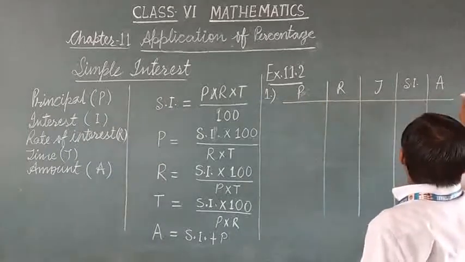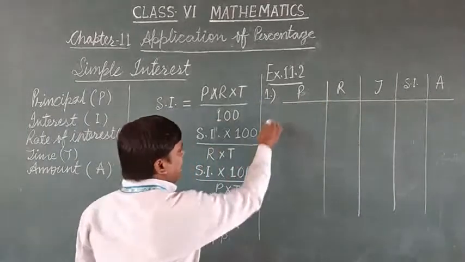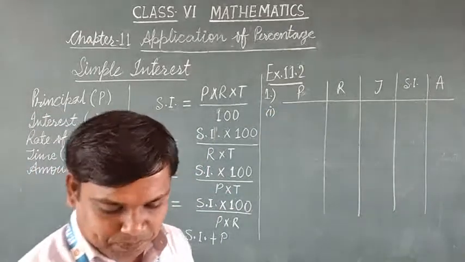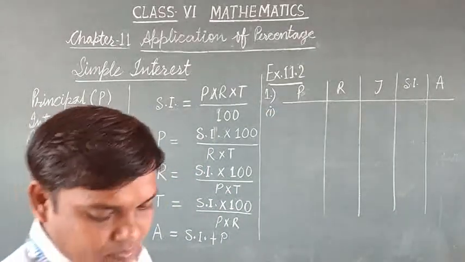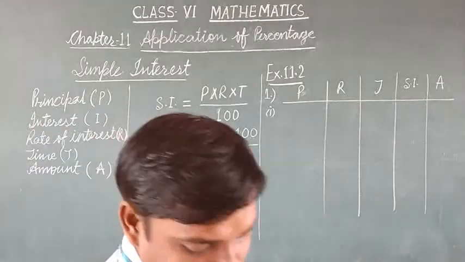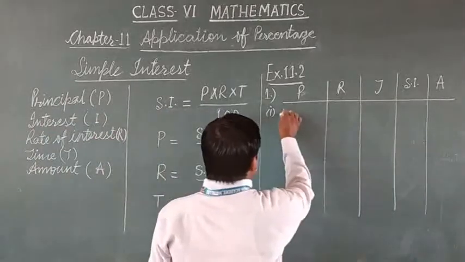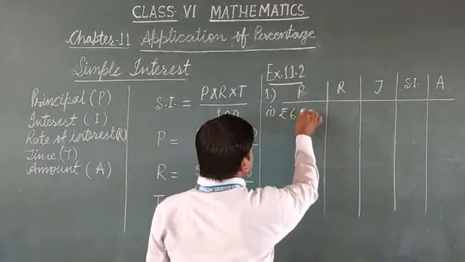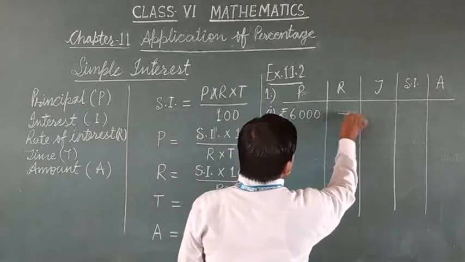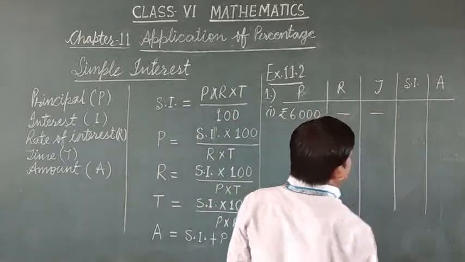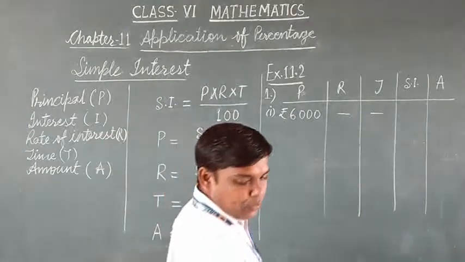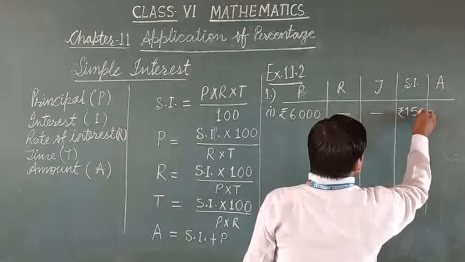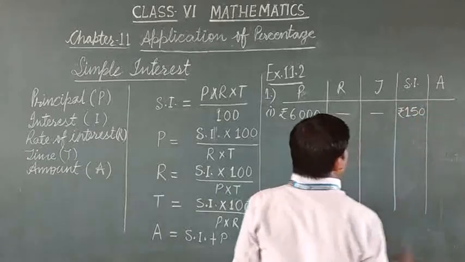Now the first question we have: principal given rupees 6,000, rate not given, time not given, interest given rupees 150. It is asking what will be the amount.